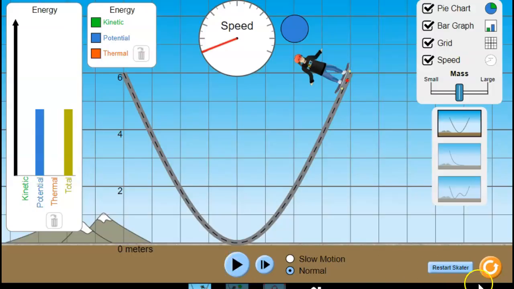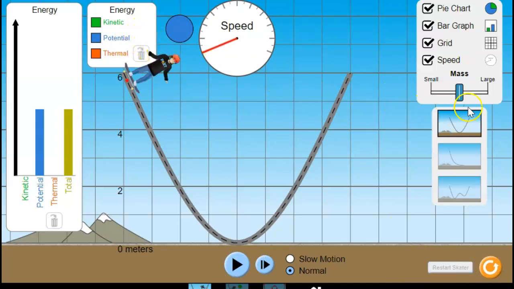All right, let's restart the skater so everything is hunky-dory. We have a slider here that says we can make the skater teeny or we can make him huge, right? And then we also are looking at how the speed changes the kinetic energy.